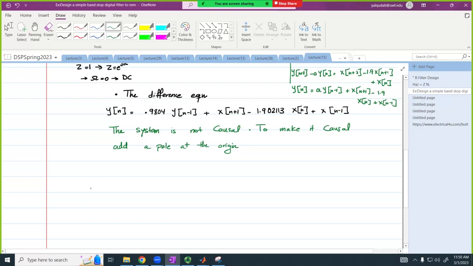How does that work? So now we're going to have a system that looks like this.